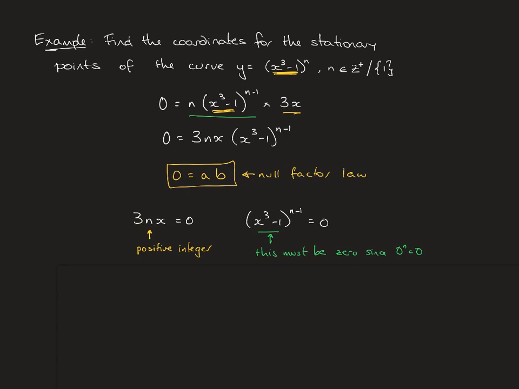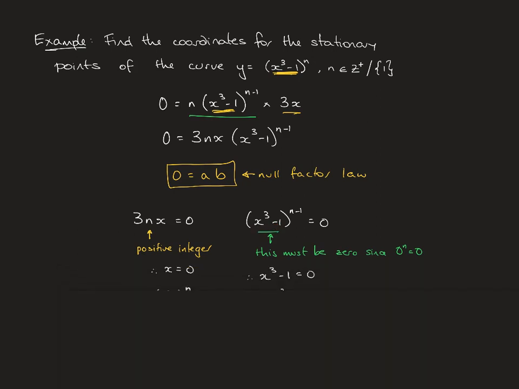So what we've got here again is three things multiplying to give us 0. So 3 is not 0. The n, we're told, is a positive integer, so it's not 0, which means that that x value there must be 0. For this one here, we've got something raised to a power equal to 0. So the only thing that you can raise to any power to get 0 is 0. And so that means that that inside of the bracket must be equal to 0 itself as well.